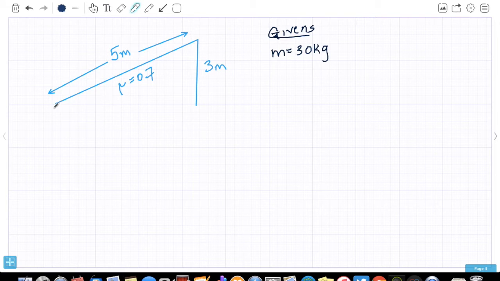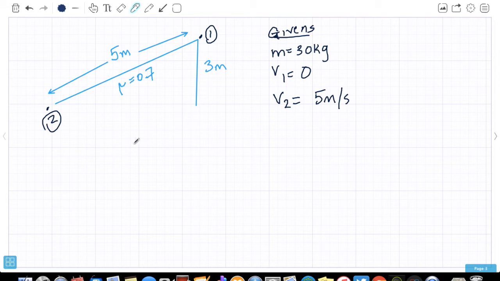And we also know, or we assume, that the initial velocity at the top of the ramp is equal to 0. So this will be position 1. At position 2, which is at the bottom of the ramp, we have a speedometer that tells us that the speed is 5 meters per second.